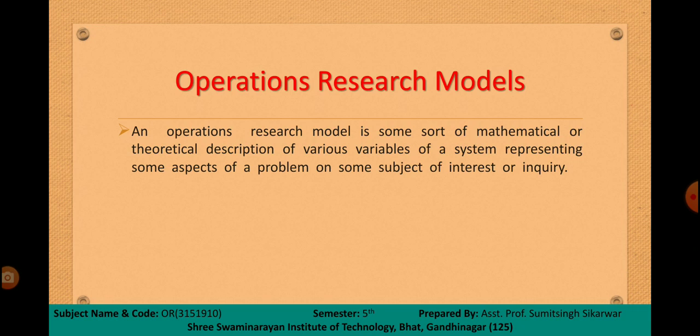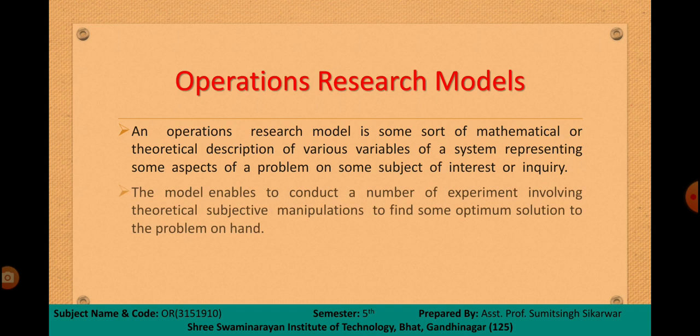That means it is based on identifying the various variables and representing them in statement form or in an objective function, so that the conditions or situations must be satisfied. The model enables us to conduct a number of experiments involving theoretical manipulations to find an optimum solution to the problem at hand.